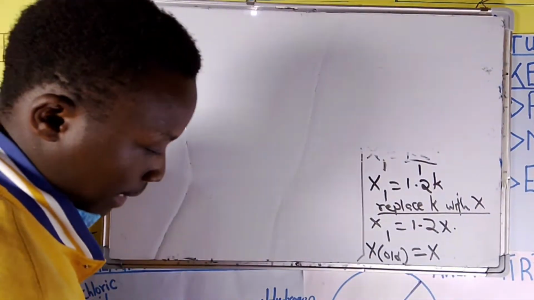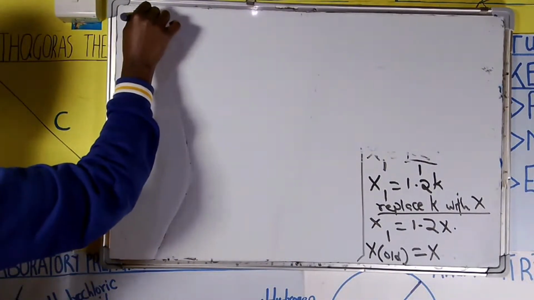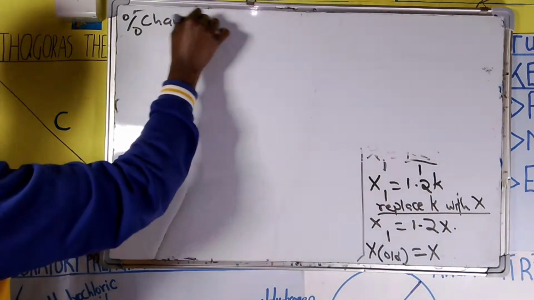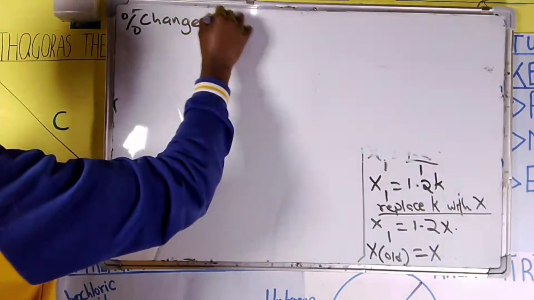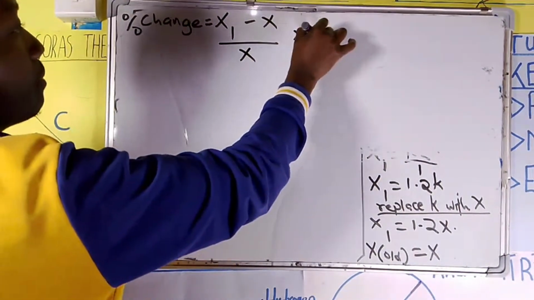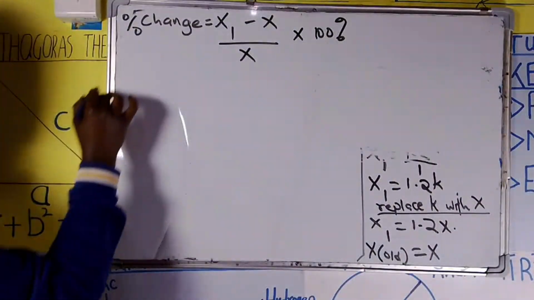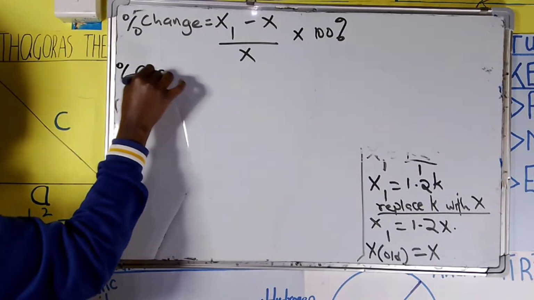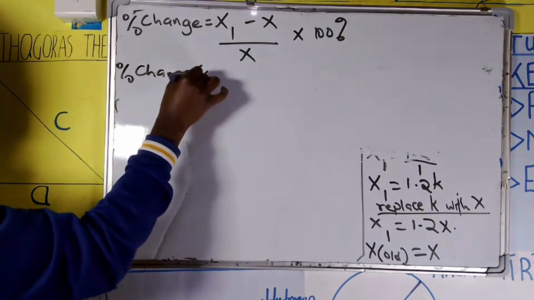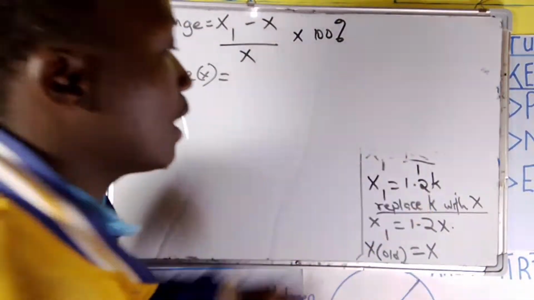So for us to determine the percentage change, it is going to be percentage change is equal to the new x minus the old x over the old x times 100%. That is the formula. So the percentage change for x will be equal to, the new x is 1.2k.